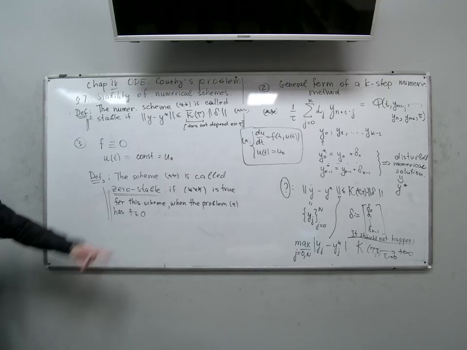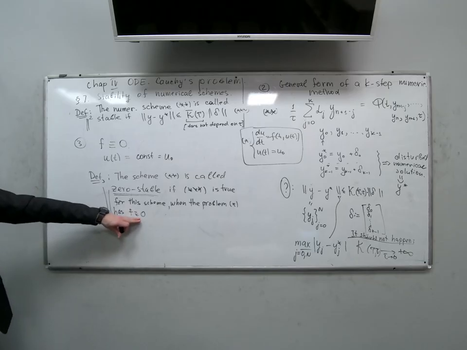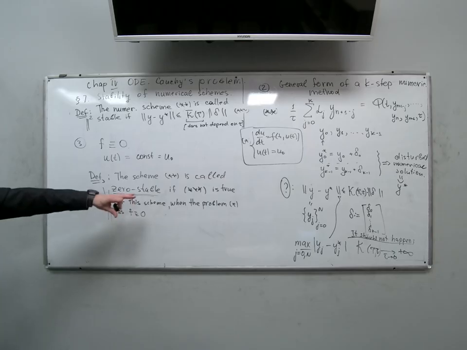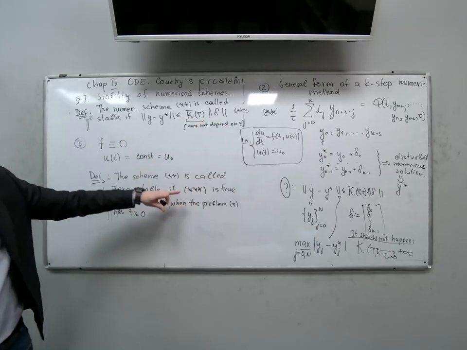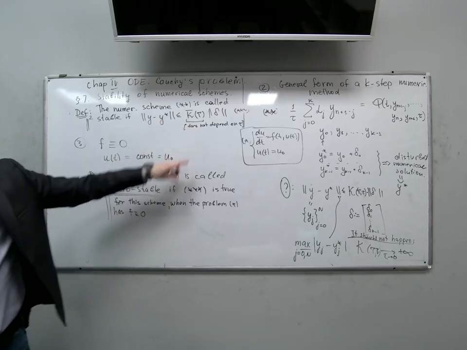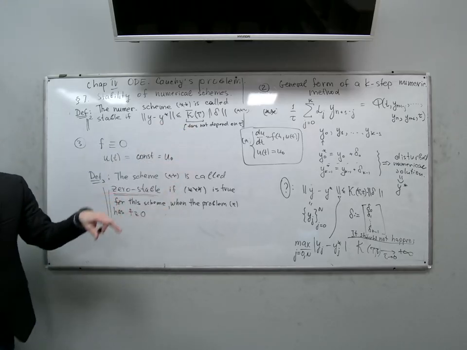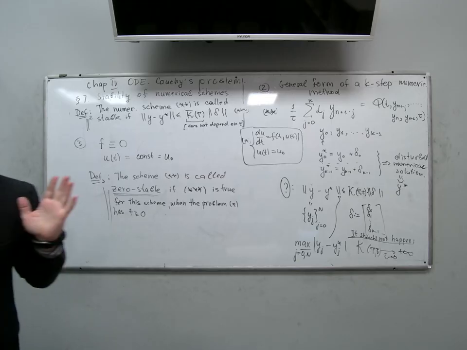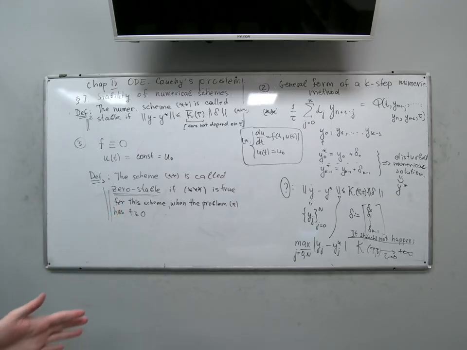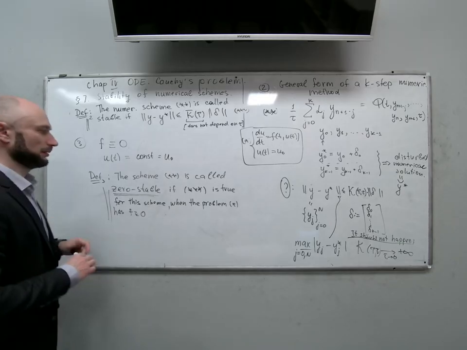Okay, if we take such a problem with 0 right-hand side and we prove that our scheme satisfies this relation, then we say that the scheme is zero stable. And this is the property that we want from every scheme we work with. The minimal stability property.